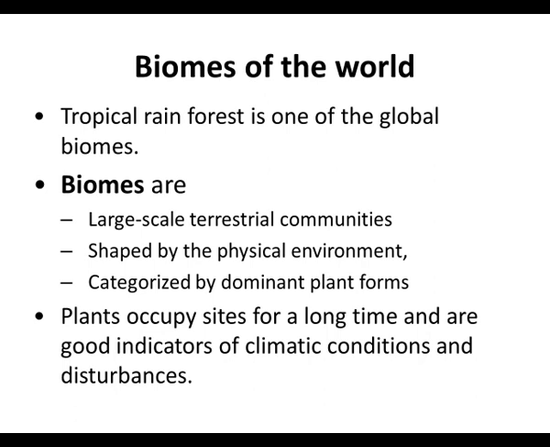And we are using plant forms because plants do respond to climatic changes directly, and also they are good indicators of disturbances. And the plant communities determine the habitats, and the habitats will determine the animal communities. And again, so tropical rainforest is one of the major biomes in the world.